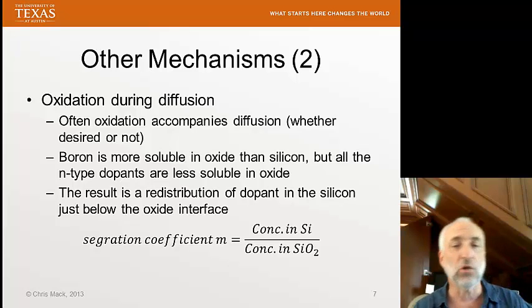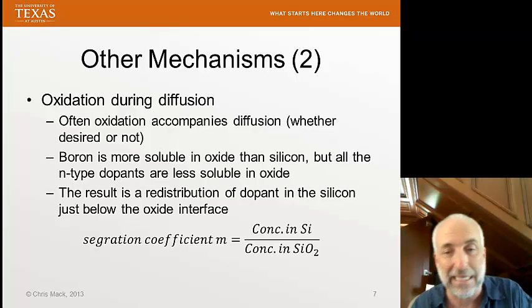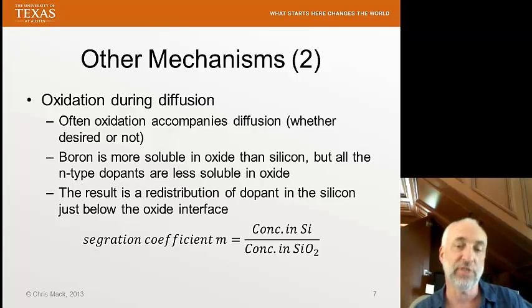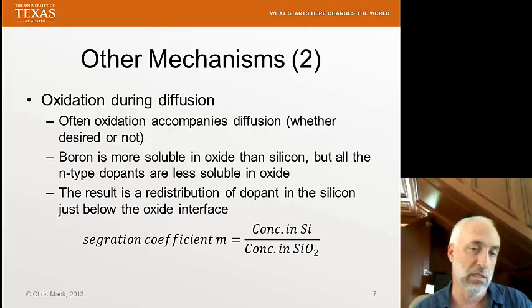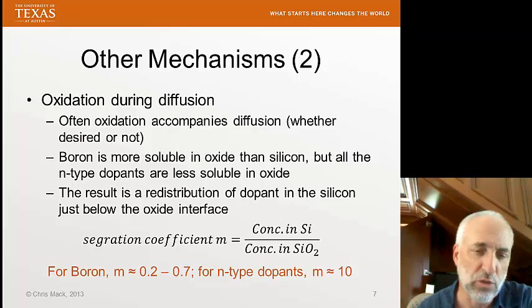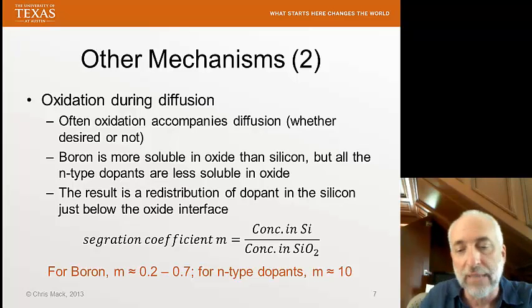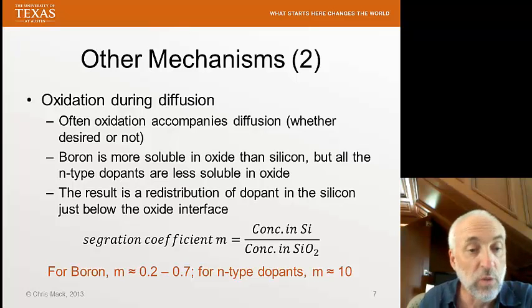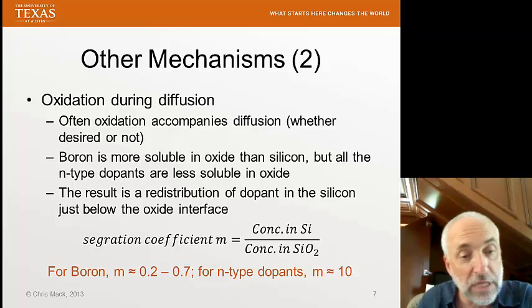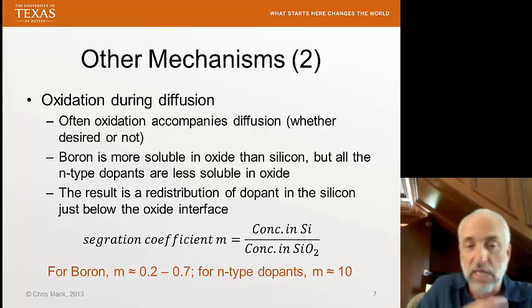The segregation coefficient, M, is the concentration of the dopant in silicon divided by the concentration of the dopant in silicon dioxide. And for boron, the segregation coefficient is less than 1. It's in the 0.2 to 0.7 range, which means the oxide takes up the dopant, and just below the silicon dioxide interface, when we've done our oxidation, we'll have less boron than we had before because the silicon dioxide has taken it up.